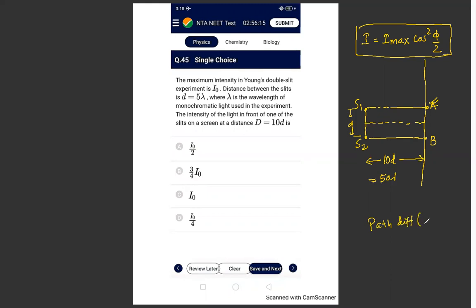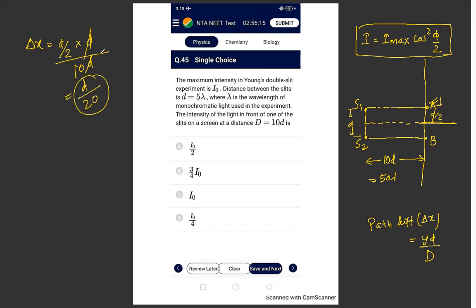The path difference delta x is calculated as y d by D. Here y is equal to d by 2, which is the distance from the central maxima. So it is d by 2 into d divided by 10d. The d's cancel, so we get d by 20.